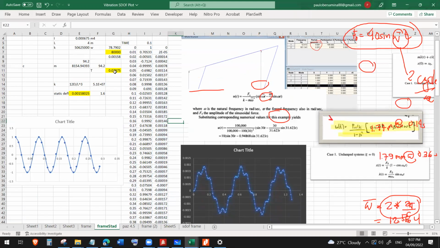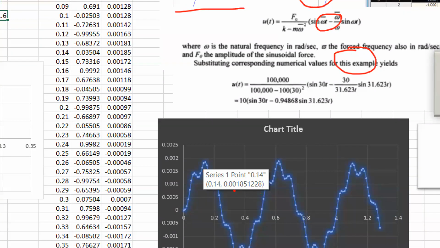If you will realize, 0.08 is a relatively rigid structure. That's why the dynamic amplification is a bit small, because from 1.6 static deflection we got only about 1.8 millimeters.